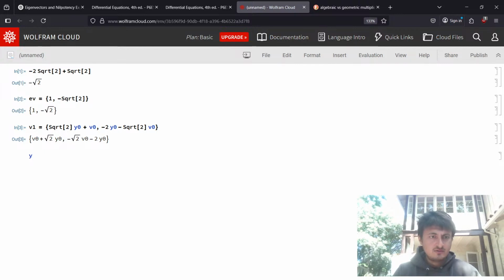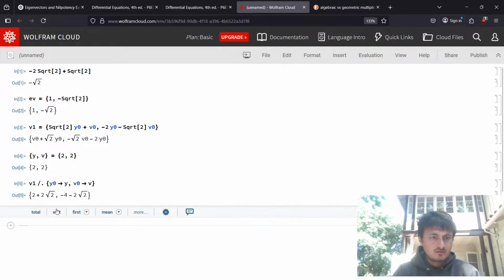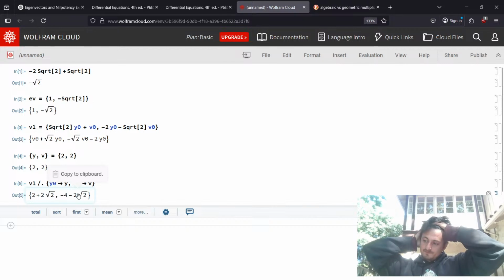And now let's just say y, v is equal to, I don't know, 2, 2. This is not on the eigenvector. So if we do v1, where y0 goes to y and v0 goes to v, then we get this thing.